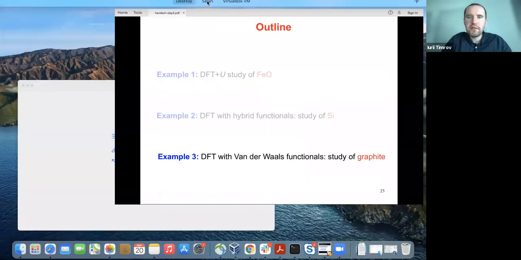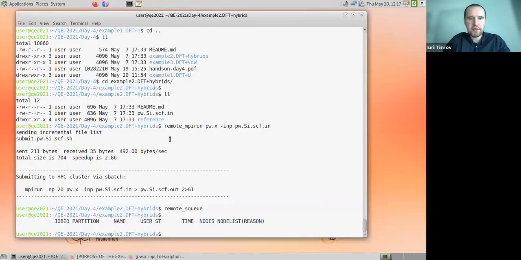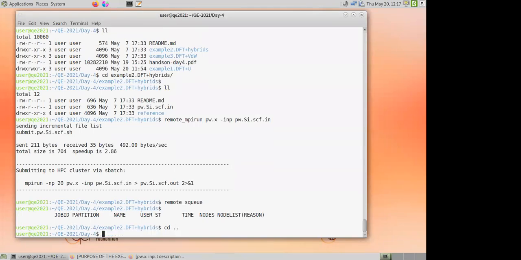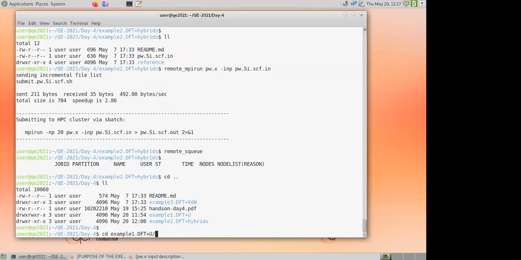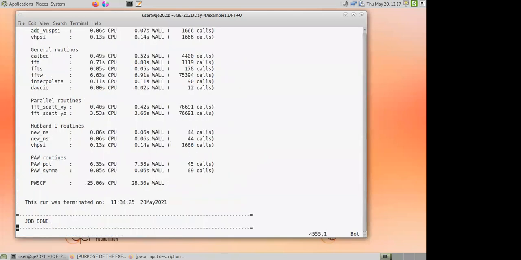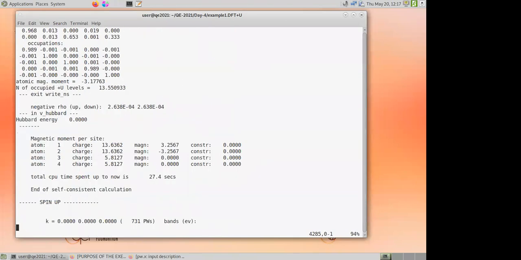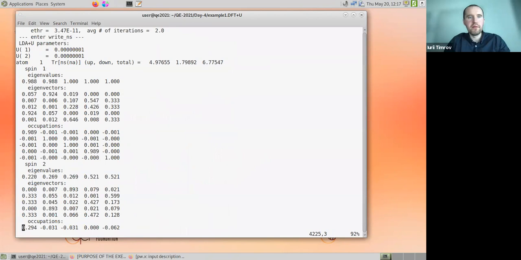Apologies, I didn't understand fully your question. So you're asking about the occupation matrix in the output? Yes. Can we construct the Hubbard potential, a Hamiltonian term, for example, to use it in a tight binding using this occupation matrix? Oh, okay.